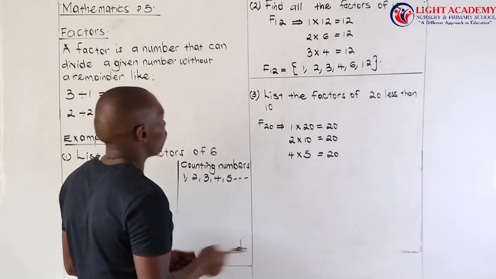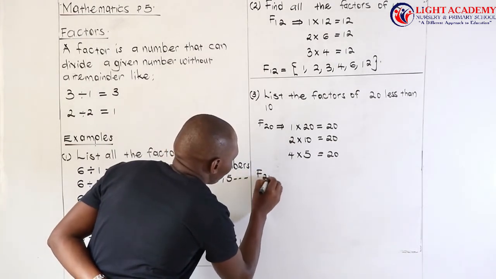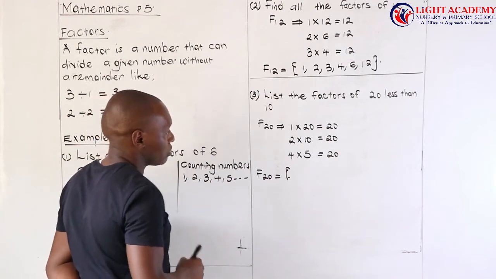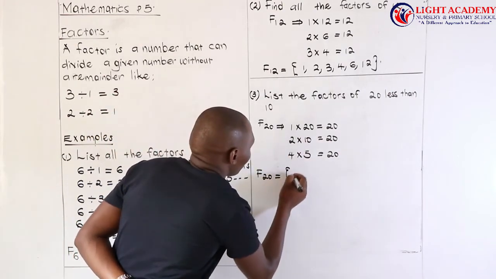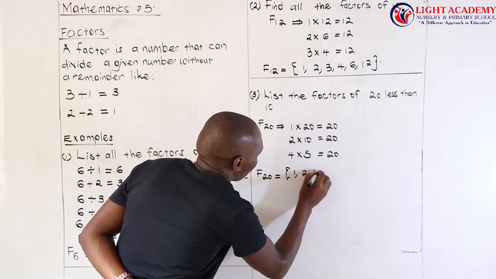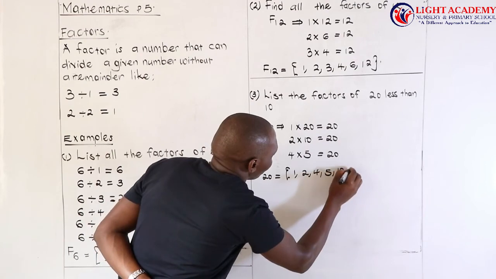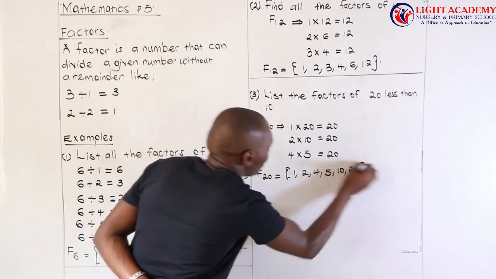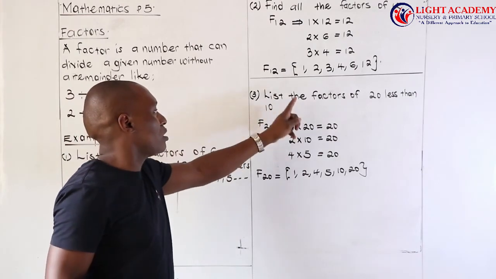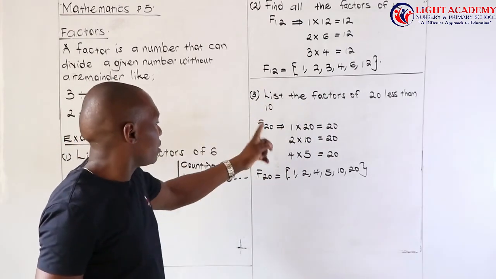So we shall first of all list all the factors of 20, which I can put in brackets, and I say all the factors of 20 are 1, 2, 4, 5, 10, and 20. All of them. But when you go back to the question, it says list the factors of 20 less than 10.